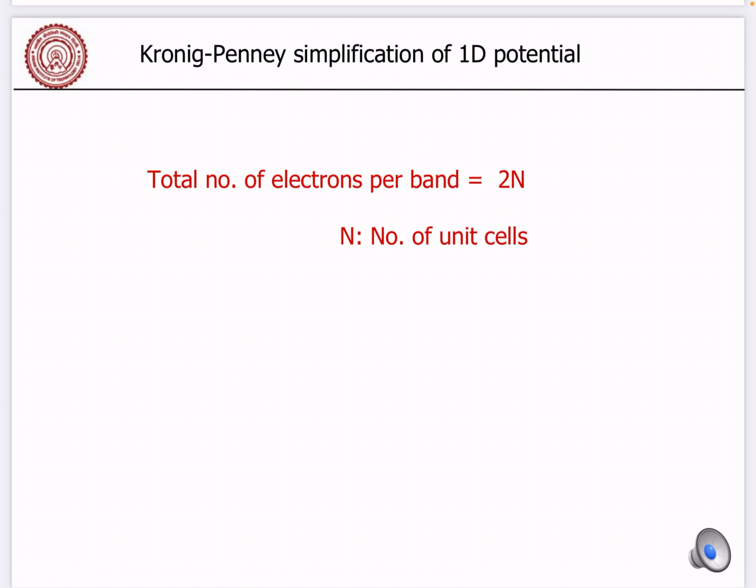Right. So, once we have done that, we have now calculated the number of electrons that can be accommodated in one band, let us say the lowest band in this case, which is equal to twice the number of primitive unit cells in this one dimensional lattice.